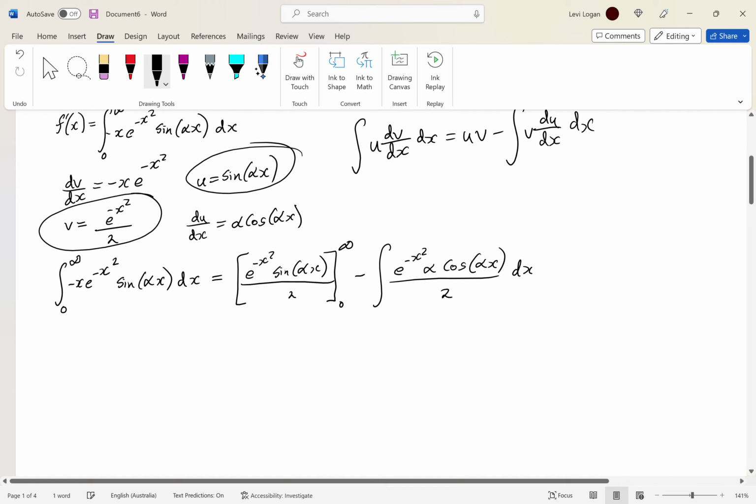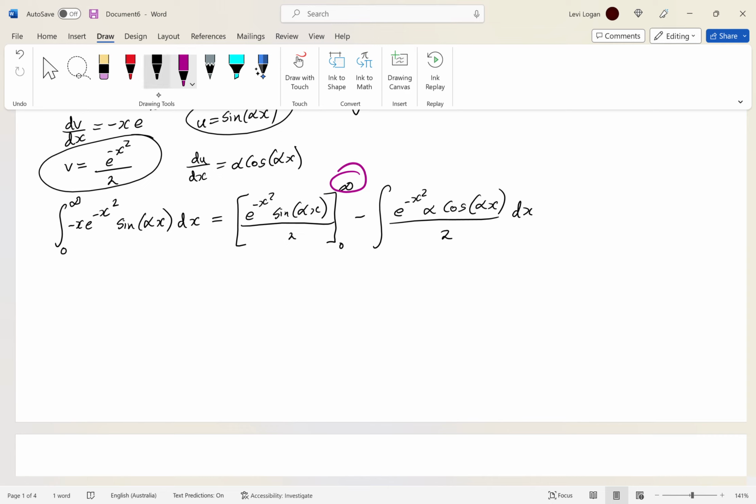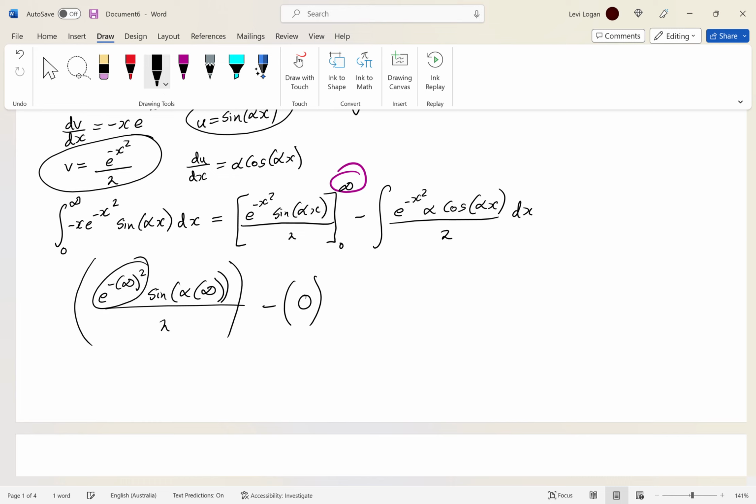Okay. Now let's take a closer look at this term here. Recall, we've got to substitute these bounds in for x. So if we substitute e to the negative infinity squared sine of alpha infinity over 2 minus 0, because this e has a negative exponent, that's the same as rewriting this as e to the infinity squared down here.